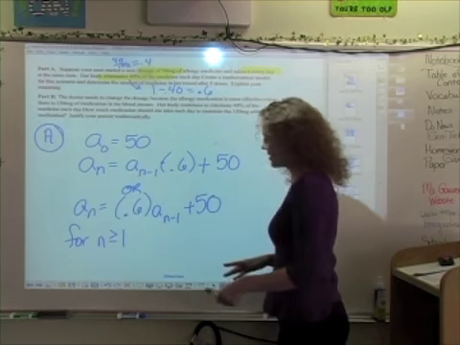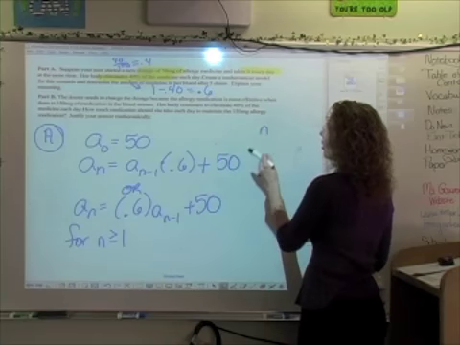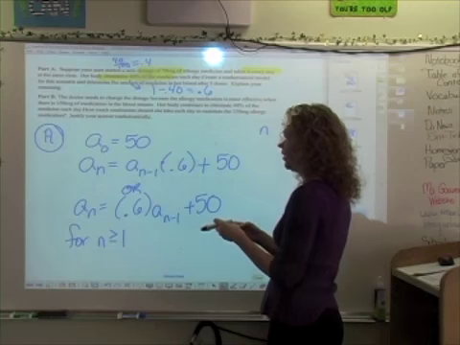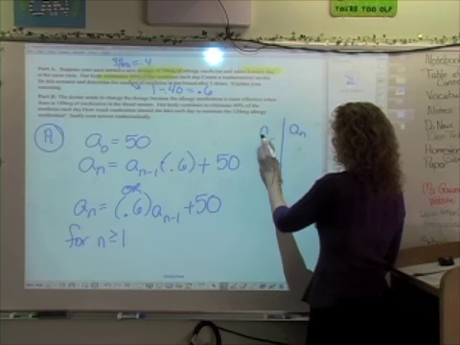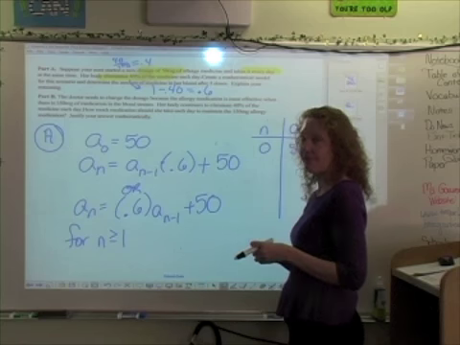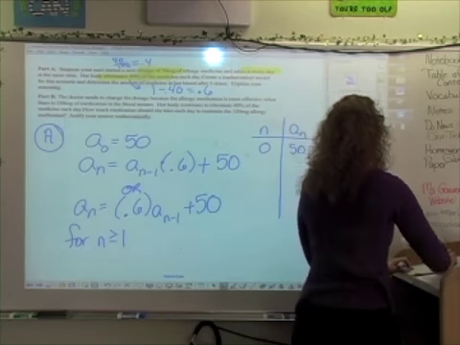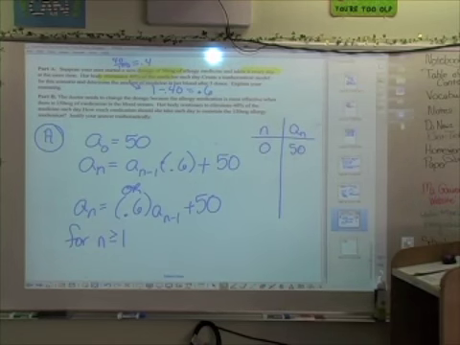So we're actually just going to make a table chart for this one. So we have our N, which is the days that we're taking it, and AN is the dosage that's in our body. I know that at 0, when I first take it, I have 50 milligrams.